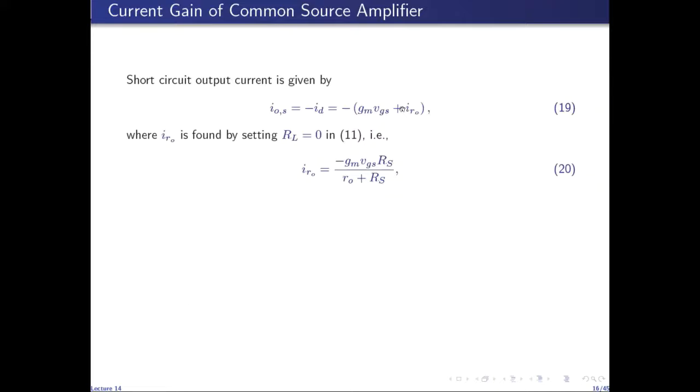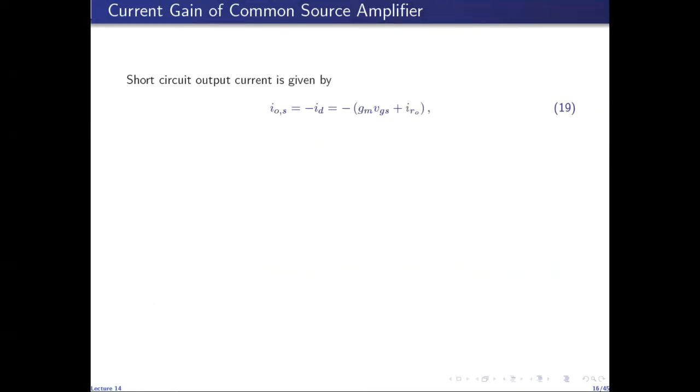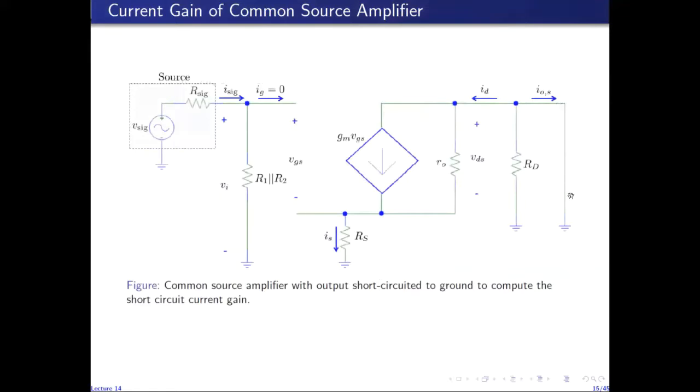We put it back in here and express IOS in terms of VGS. And then we use the expression for VGS by replacing RL with 0, because we have the expression for VGS for the complete circuit. We replace in that expression RL with 0, and we'll get the expression for VGS in this circuit, because in this circuit RL is 0.